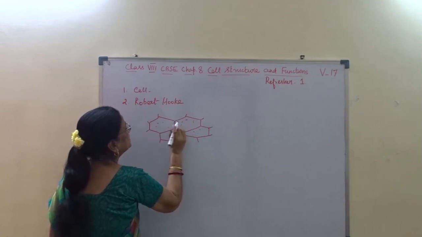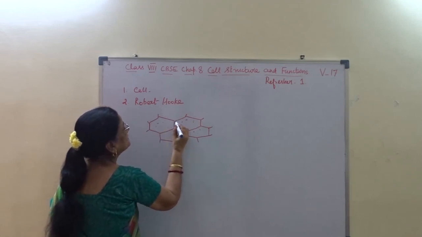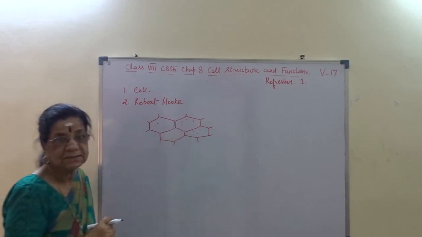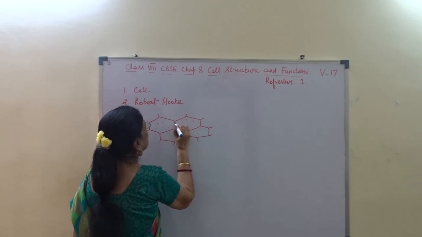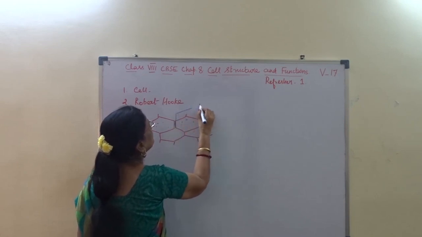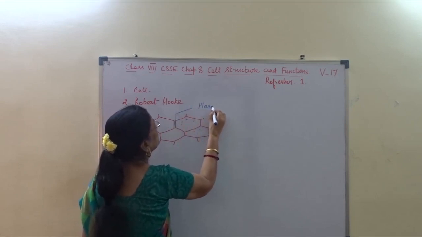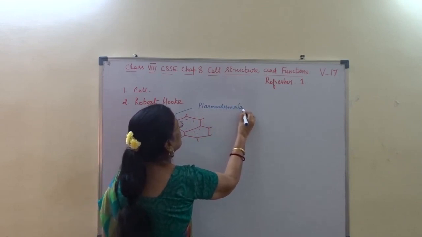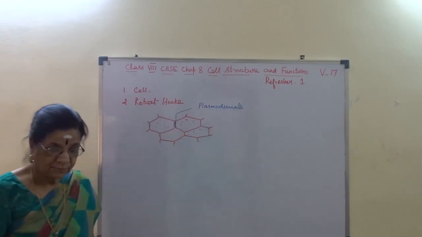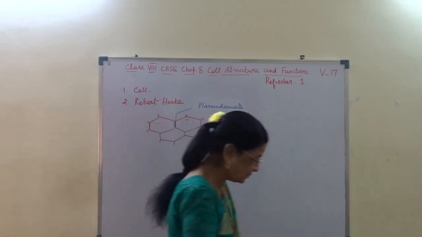This is the inner wall of this cell, and this is the inner wall of this cell. In between, they are in continuation. That is known as plasmodesmata.